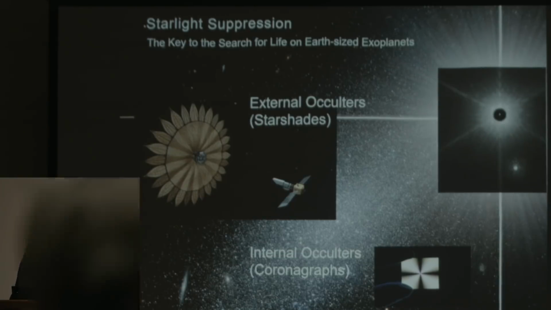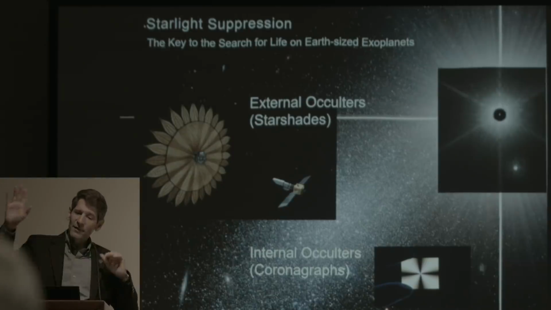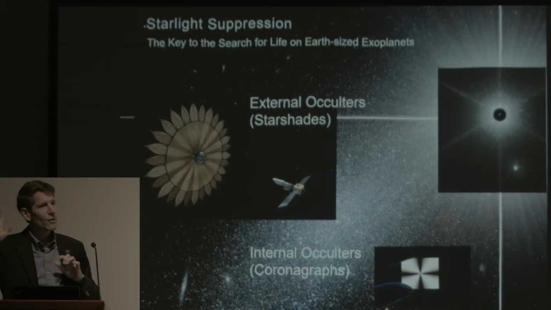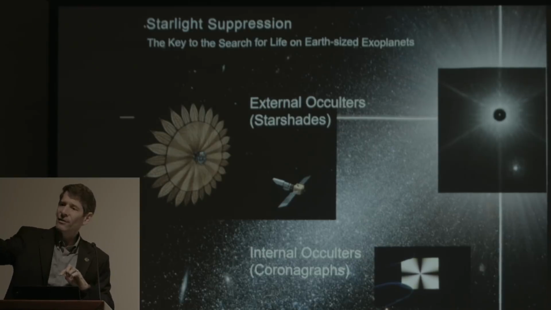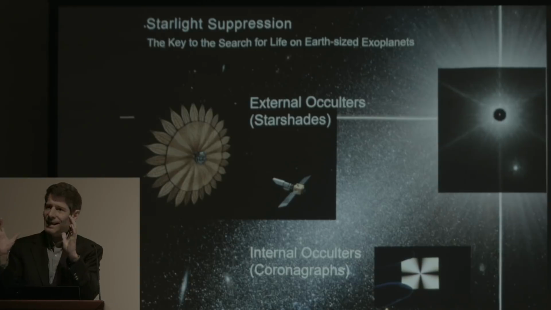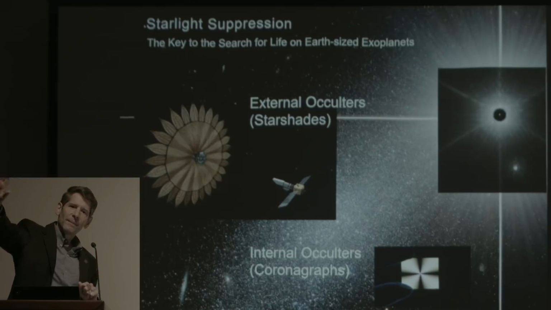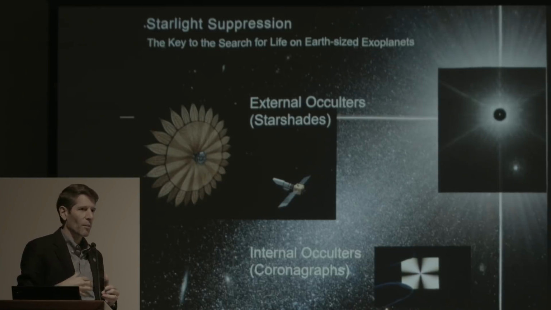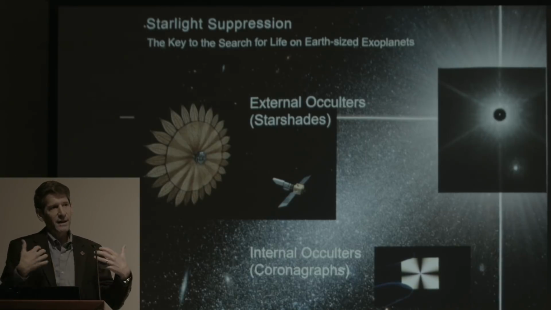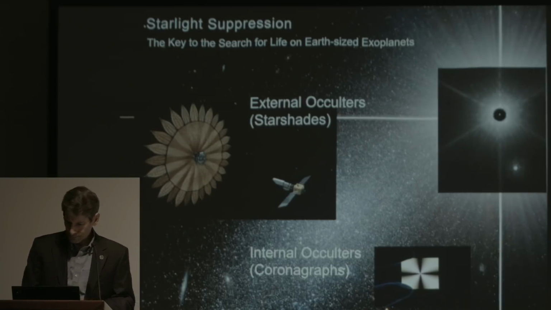And this would be to make a space-based shade that flies independent of a space-based telescope and can fly far away from that telescope, maybe of the order of 50 to 100,000 kilometers away, and suppress the starlight. That allows you to get to much, much smaller inner working angles. Additionally, you're suppressing the light before it ever enters your telescope. And so it greatly simplifies the complexity of diffraction and reflection and non-uniformities and irregularities in your telescope.